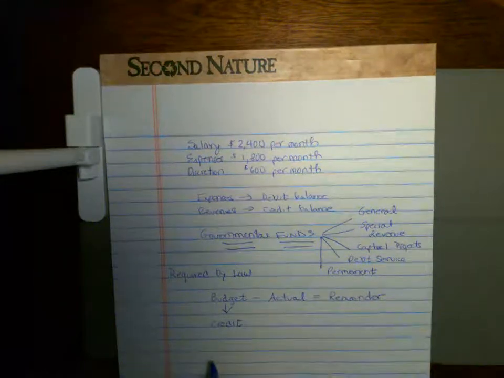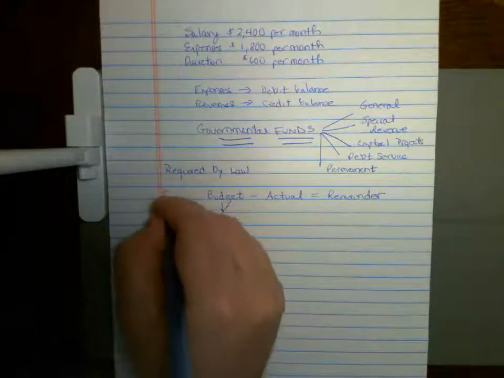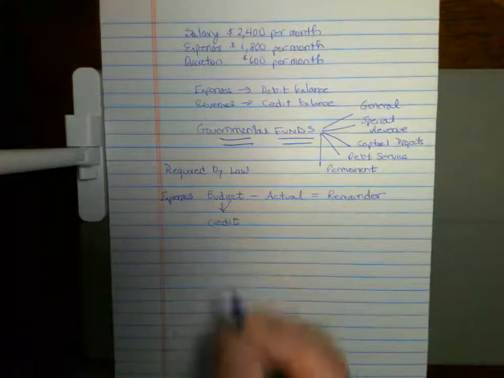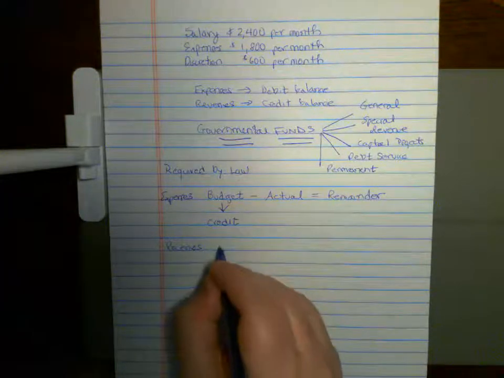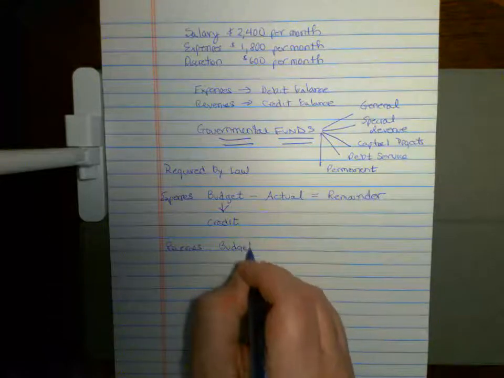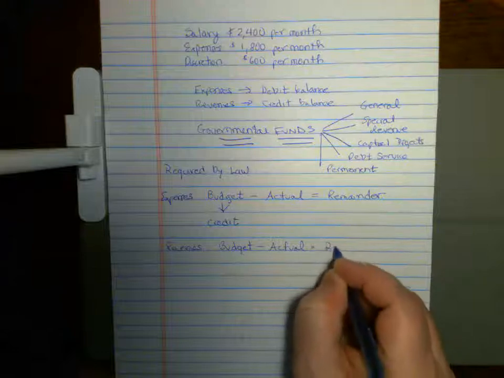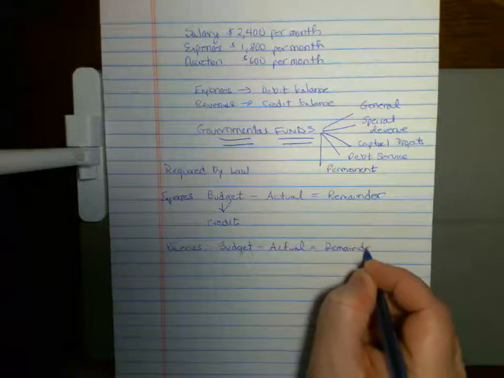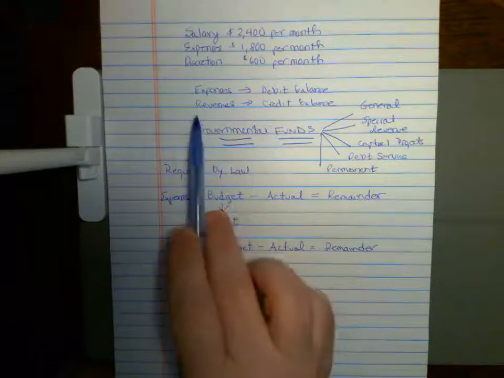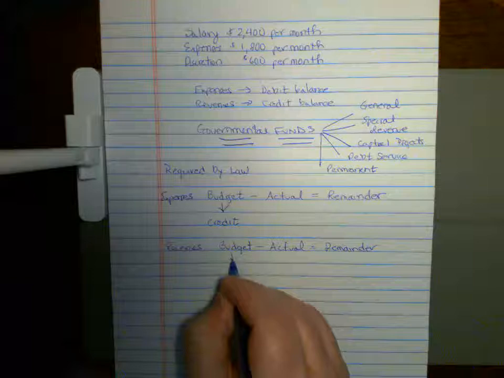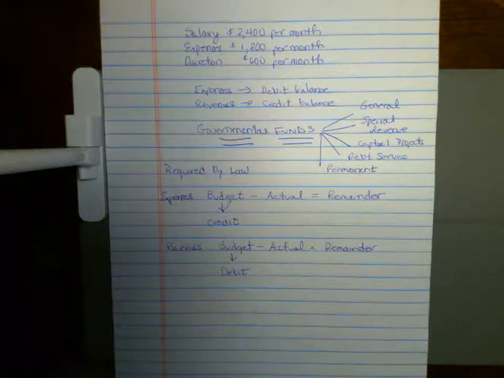If we're dealing with revenues, we have the same thing, the budget minus the actual equals some remainder. And we know that the actual revenue account is a credit. That would mean the budget account has to be a debit.